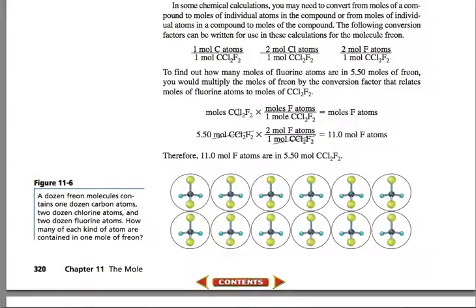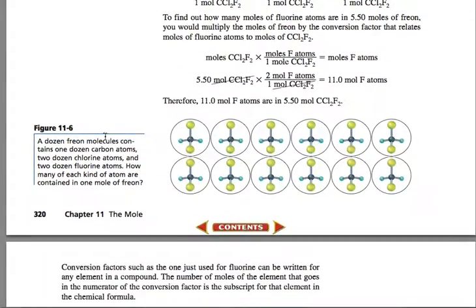We're going to put the compound on the bottom, and the compounds are going to cancel each other out, and then do the math, and that's going to give us our conversion. Therefore, 11.0 moles of fluorine atoms are in 5.50 moles of Freon compound.